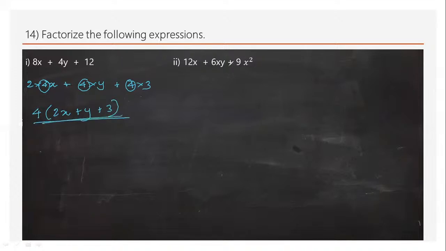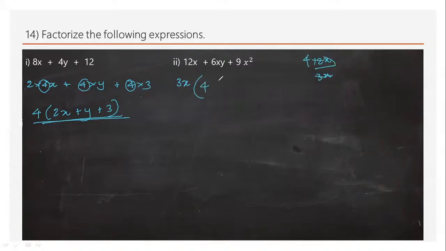Even this one also, you know what is common, that is 3, right? 3 times 4, 3 times 2, 3 times 3. So 3 common. 12x divided by 3, that is 4x. 6xy divided by 3. No, we can take here 3x, right? Because x is common for all of this. So x also you can take out, 3x out, then 12x divided by 3x, that is 4.